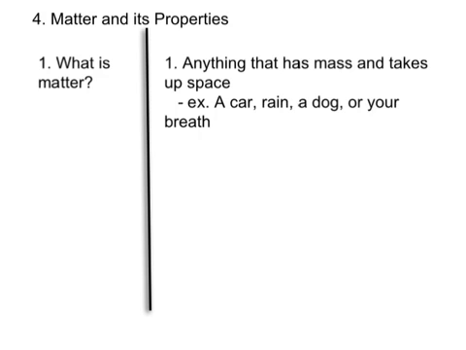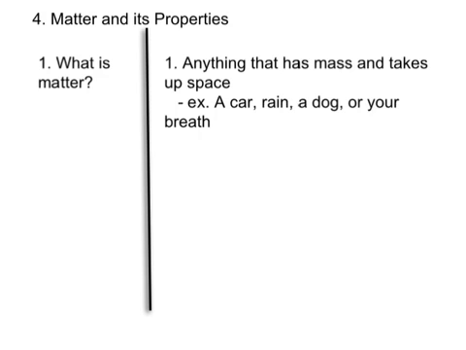The breath one is something that most students are kind of confused about, but if you think about it, you can blow up a balloon with your breath, therefore it takes up space, and if you weigh the balloon before and after you have blown it up, it has mass as well. So those are some examples of matter.